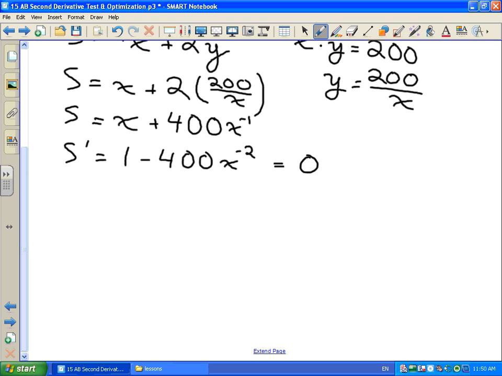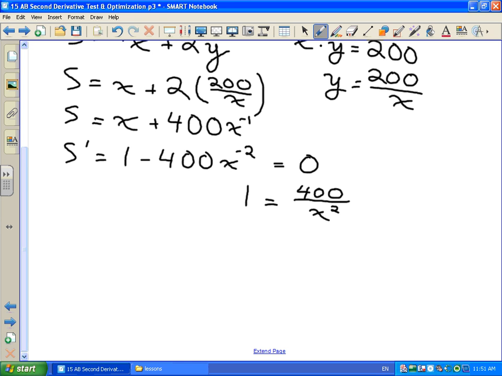Now let's set this equal to 0 and solve for x. Let's see, how can we solve this thing for x? Well, let's bring this term with the 400 and the x to the negative 2 over to the other side. So we'll get 1 equals 400, and I'll rewrite that x to the negative 2 as x squared down in my denominator.